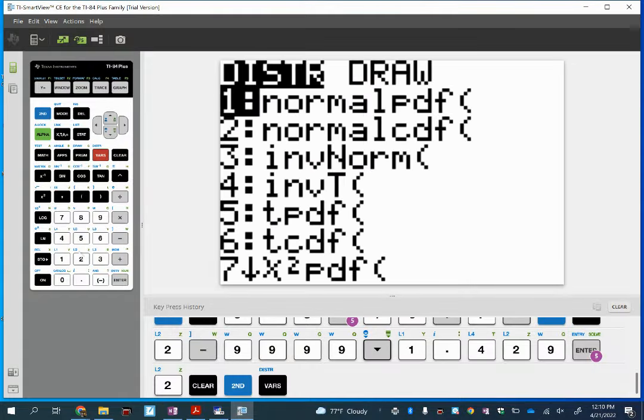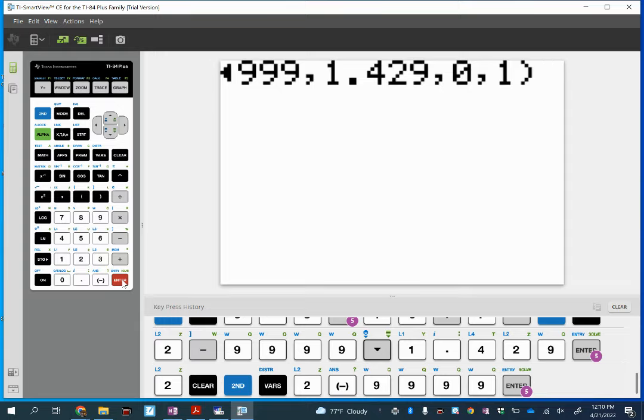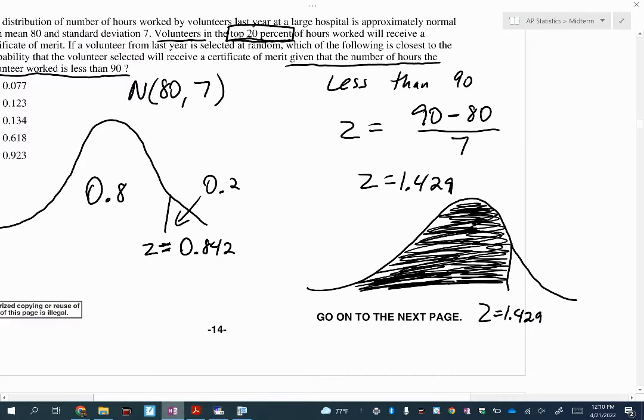My bad, guys. I hit the negative symbol, not the minus symbol. Always good when technology is 20 years old. All right, so there's our area under the curve, 0.9235.